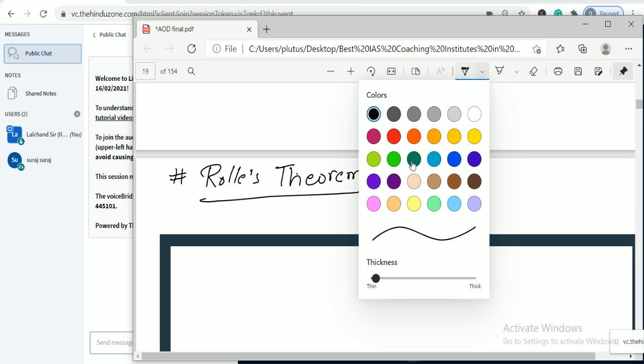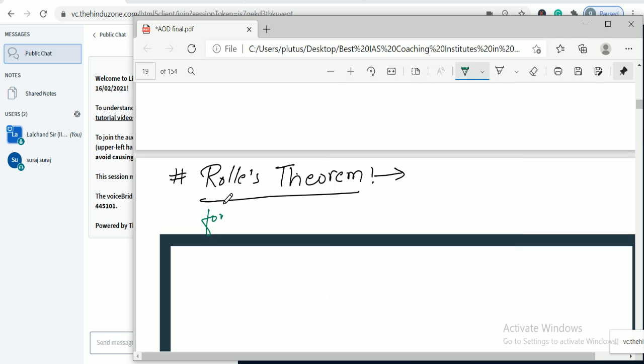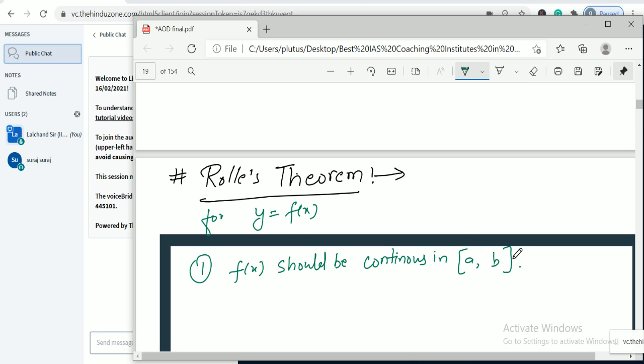If a function y equal to f(x) satisfies Rolle's theorem, the first condition: f(x) should be continuous in the closed interval [a, b]. f(x) should be continuous at each point from a to b.